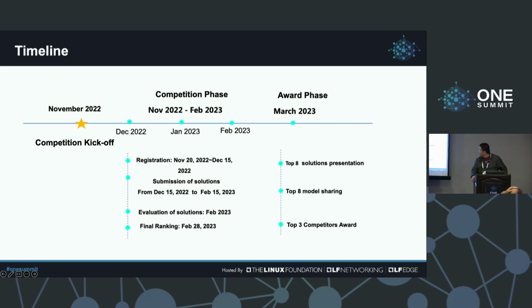From March 2023, we will enter the award phase. In this period, we will organize the excellent model providers to present their solutions and give the final rewards.